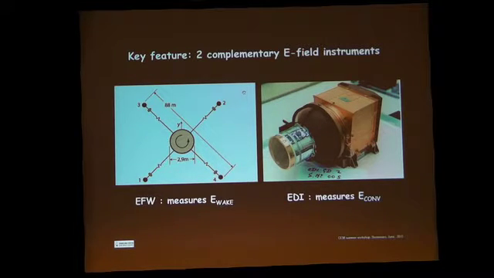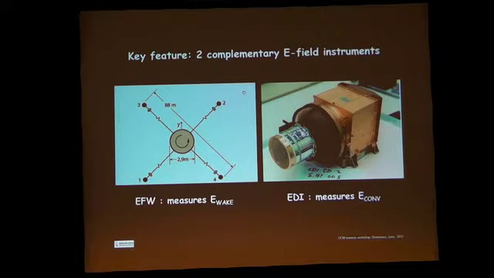We have a classic double probe instrument called EFW, which is sensitive to this wake. We can actually measure the wake. And we have an electron drift instrument, which emits an electron beam many kilometers away, so outside the wake, comes back, and we keep track of this, and then determine the drift of the gyrocenter, which is a function of the electric field. So it's a very precise measurement of the convective electric field.